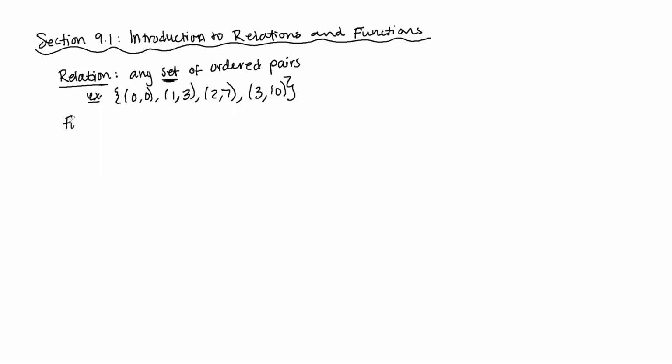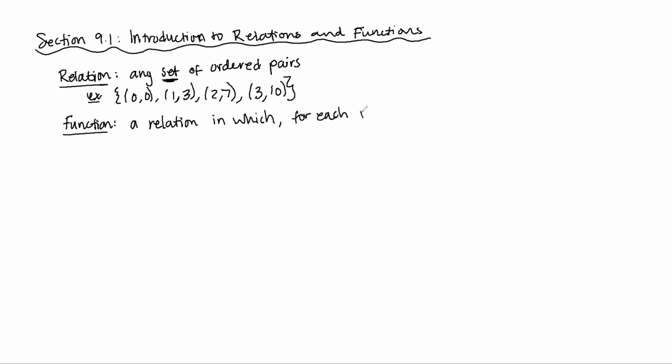And now a function. To define a function, we're going to use a relation. A function is a relation in which, and now this is the part that sounds kind of weird, let me write it out and then we'll talk about it.